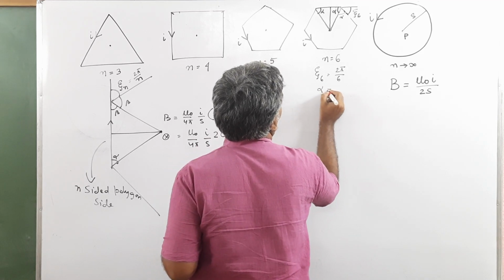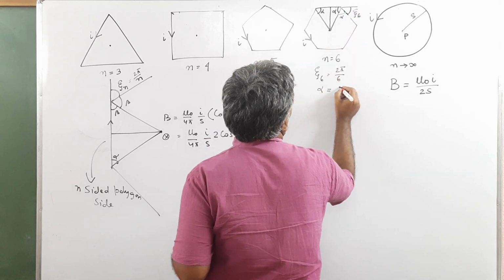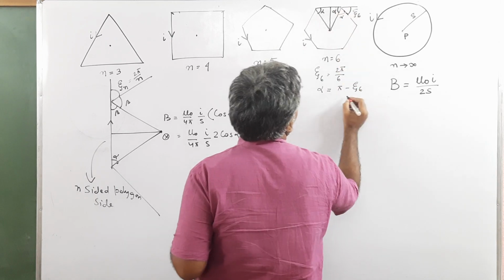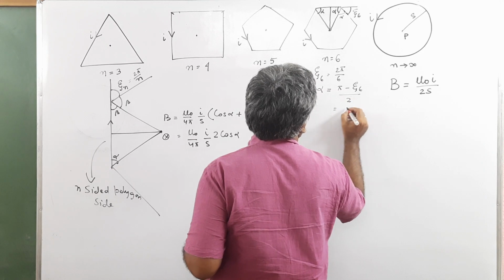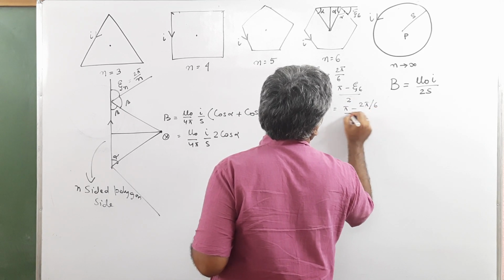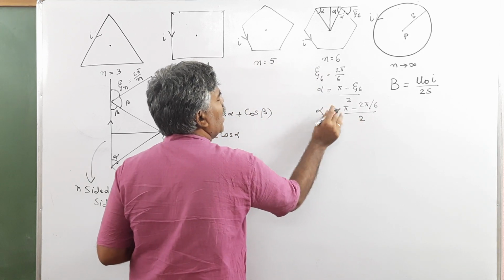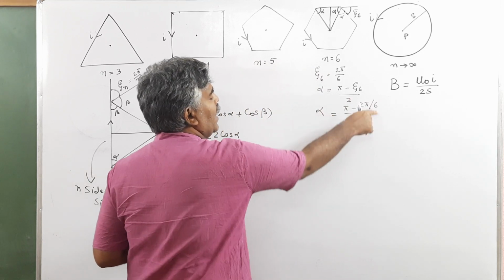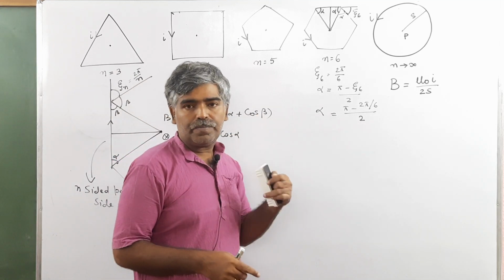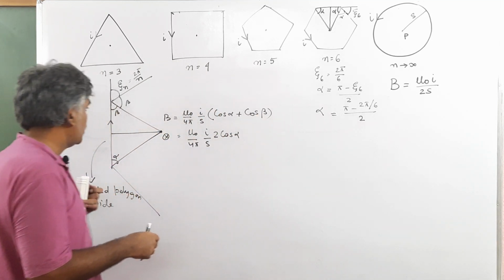So here alpha will be pi minus xi 6, divided by 2. So that is pi minus 2 pi over 6, by 2. So that's alpha.